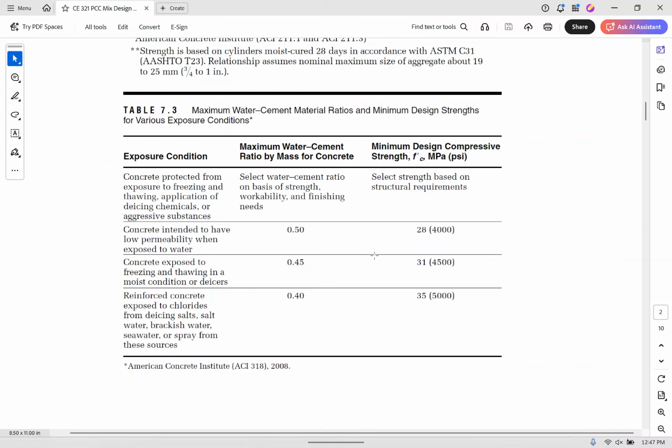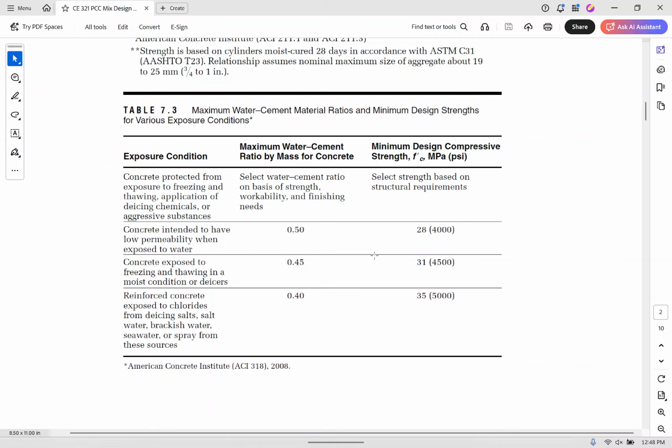Let's read these through. Concrete protected from exposure due to freezing thawing. Does this one work? No, this is outside. This one's not going to work. Concrete intended to have low permeability when exposed to water probably doesn't make sense, especially since we're using type 5. But concrete exposed to freezing thawing in a moist condition or de-icers, this one probably makes sense.